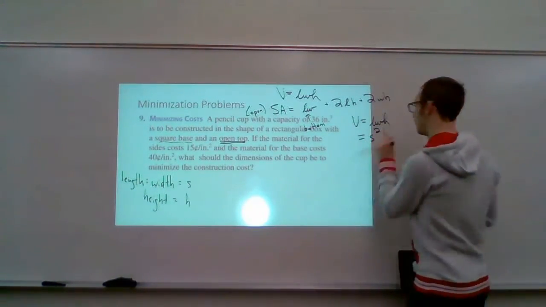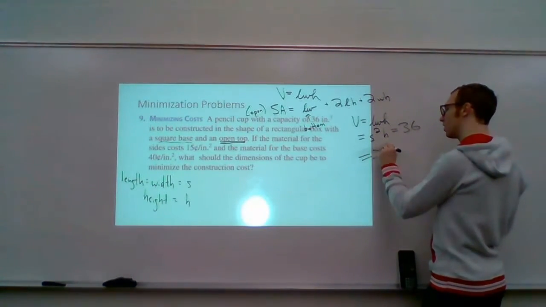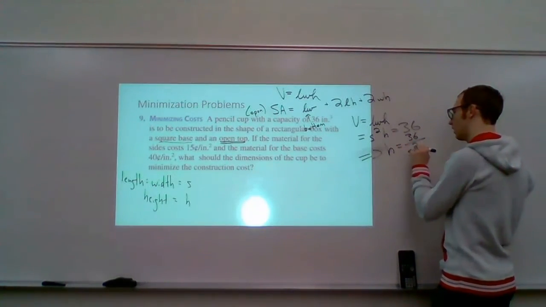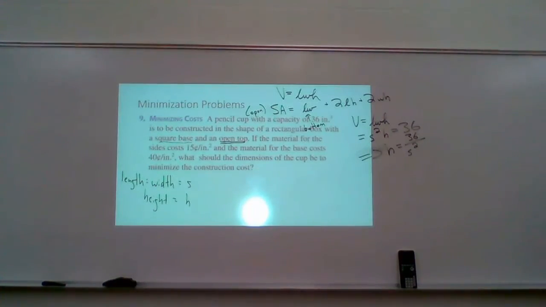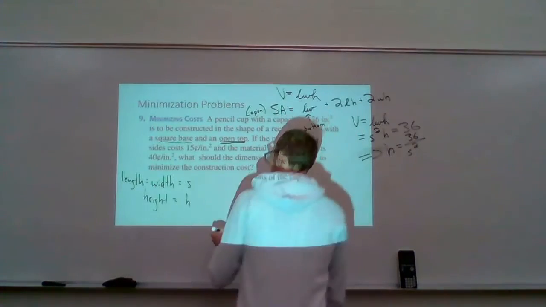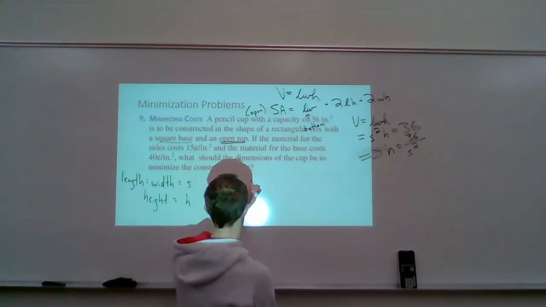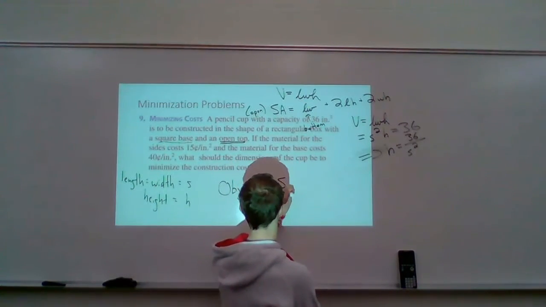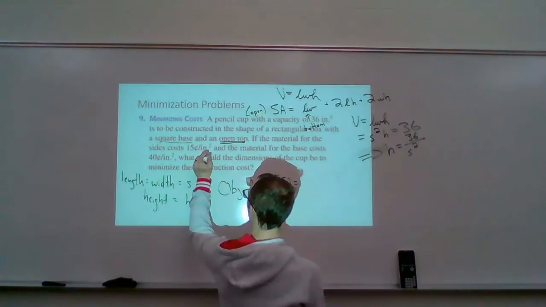So solving for H here, I can see that H is equal to 36 over S squared. Now, my objective in this situation is to minimize surface area, but I've also got to take into account these costs.